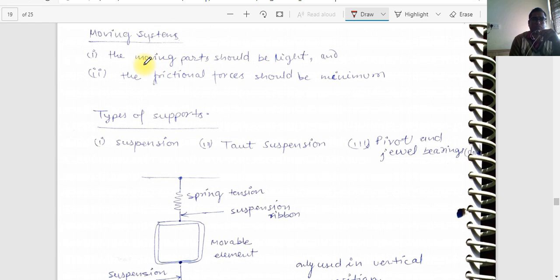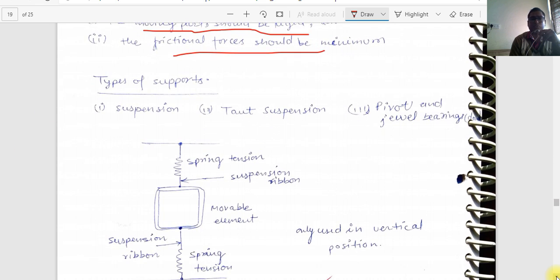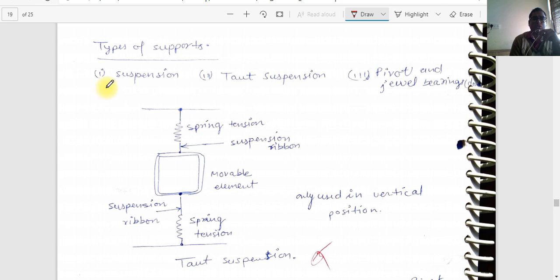The moving parts of the moving system should be light and the frictional forces should be minimum. It has two characteristics in the type of support: suspension, that is taut suspension, pivot, and jeweled bearing. This is the taut suspension, with spring tension and a suspension ribbon for the movable element.